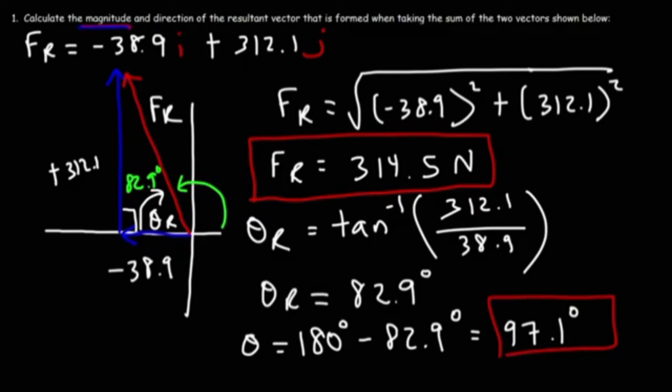We have both the magnitude and the direction of the resultant vector. So we can say the resultant vector has a magnitude of 314.5 newtons, and the direction is 97.1 degrees from the positive x-axis. That is, going counterclockwise from the positive x-axis.